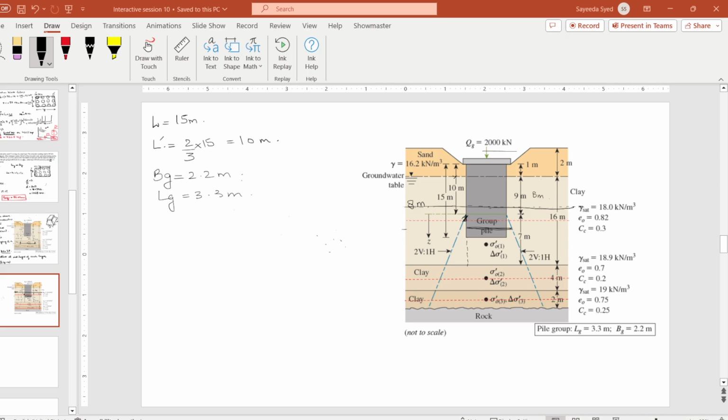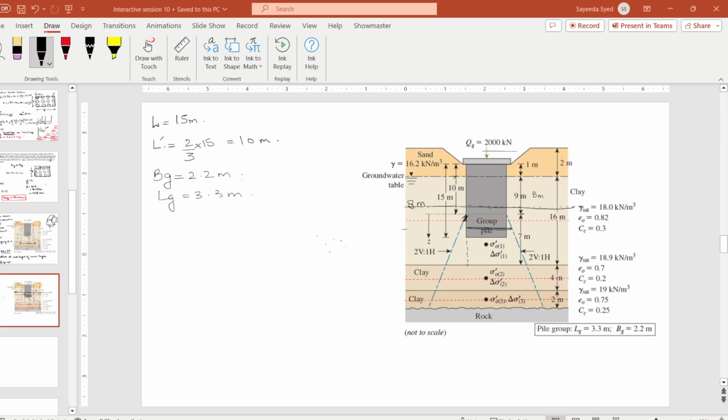Because you see, in all our equations we are calculating the delta sigma, and delta sigma is due to this load transfer. Surely there will be a sigma, there will be load here, but there will not be a delta sigma here.